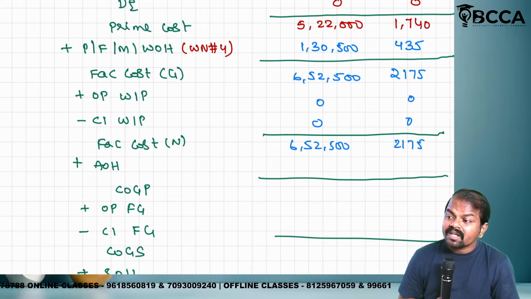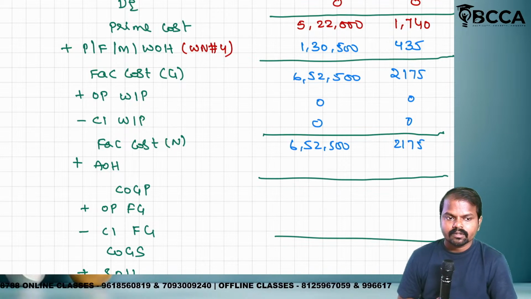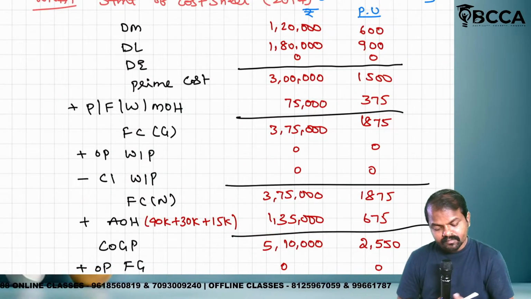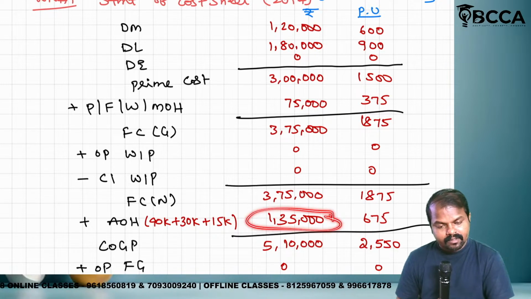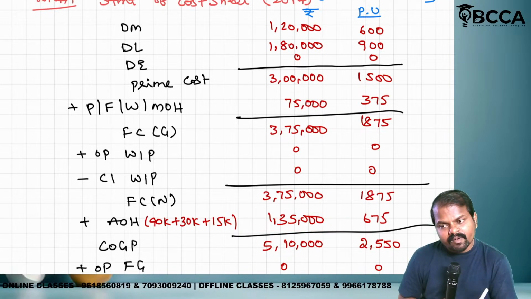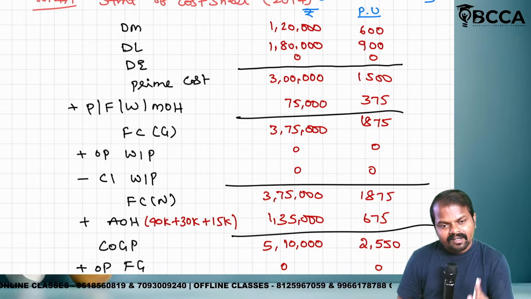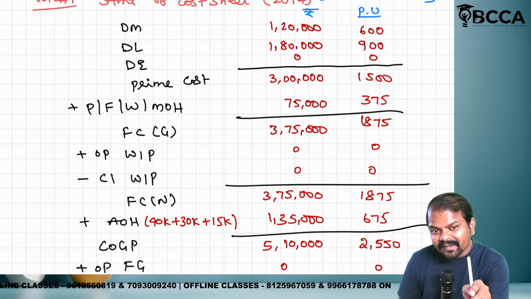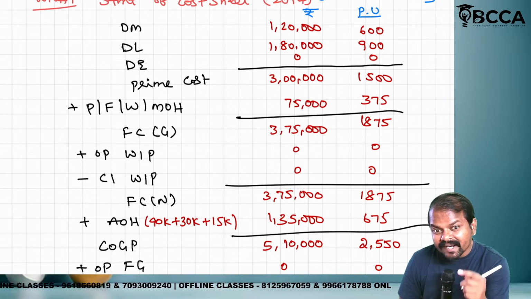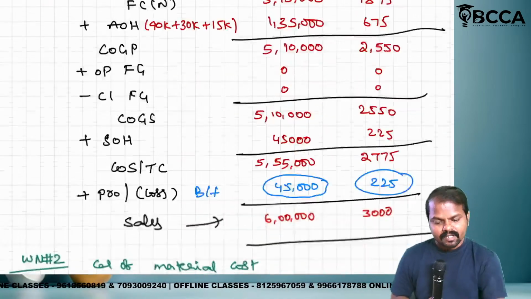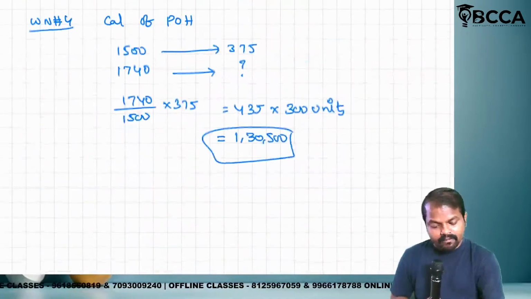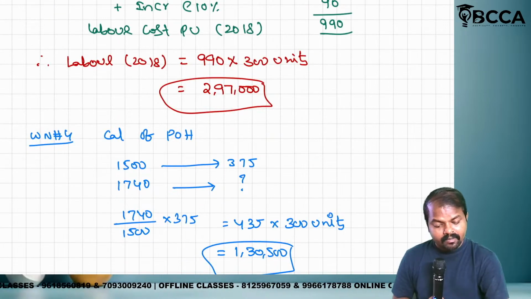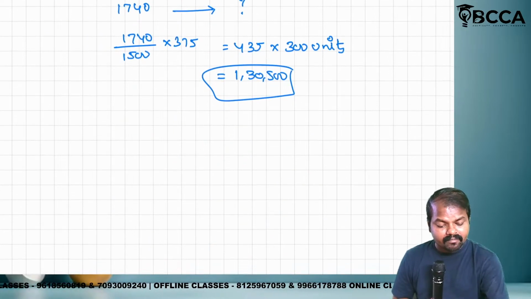What is the AOH given? No other cost is changed, same. What is the AOH in 2017? 1,30,000. What is the AOH for 2018? Not 1,35,000. Why? 1,35,000 is for 200 units. Now we are going to produce 300, so it slightly increases. That is the reason we go for a working note, working note number 5.